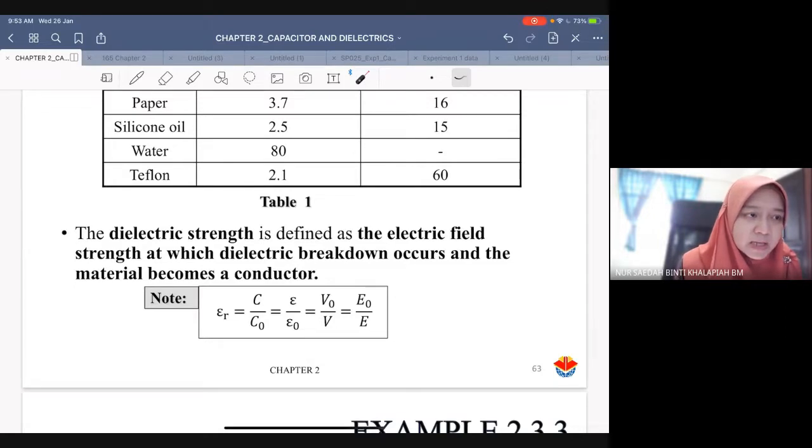So pertama sekali ER sama dengan C over C naught ataupun epsilon over epsilon naught ataupun V naught over V ataupun electric field naught over electric field. Okay. So formula ini tidak dibekalkan di dalam senarai formula dalam exam.